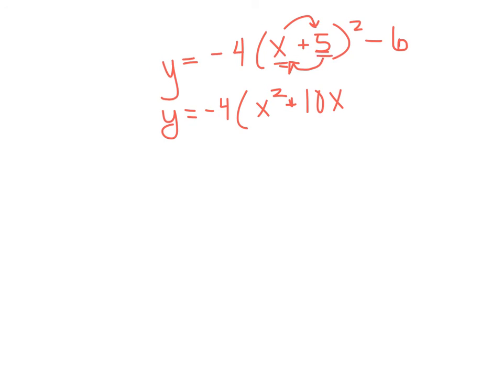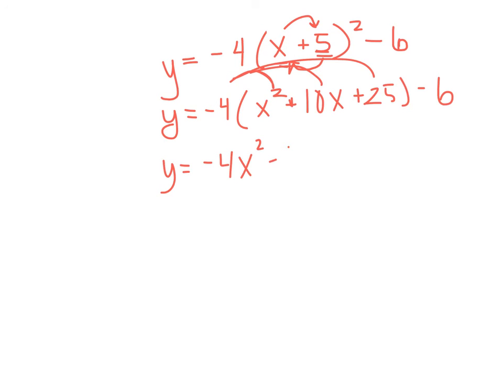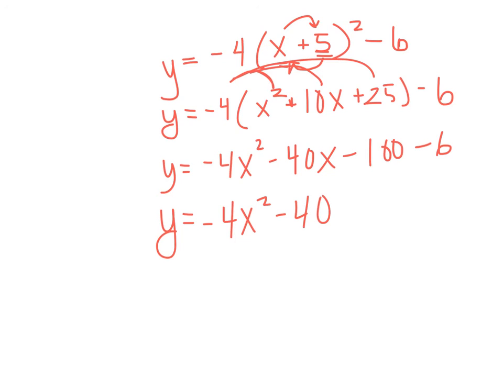And then 5 is going to multiply by itself to give me 25. Then I have to do my distribution. So I distribute the negative 4 to give me negative 4x squared minus 40x minus 100. And then at the very end, I need to subtract my 6 to give me negative 4x squared minus 40x minus 106.